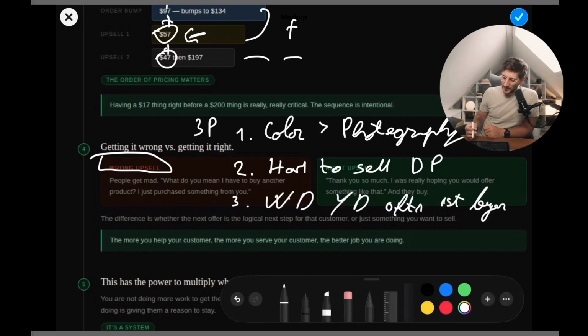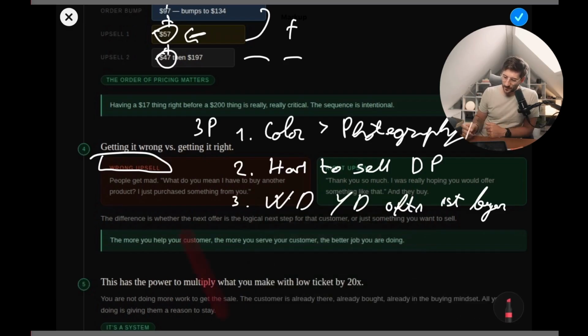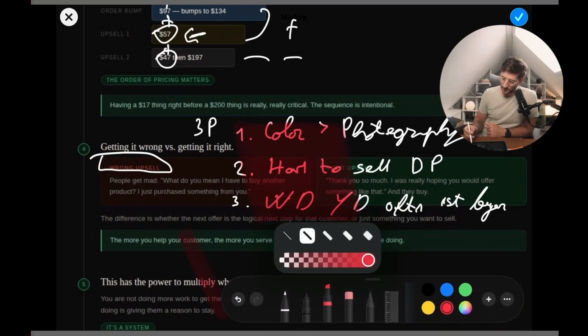So we have these three products. What we want to do is offer, if we're offering this, and that's a bit too much.